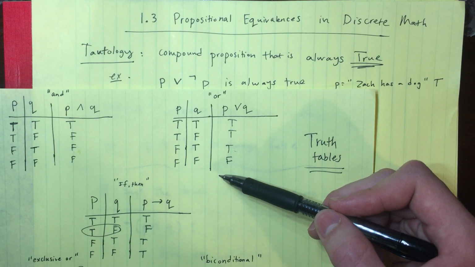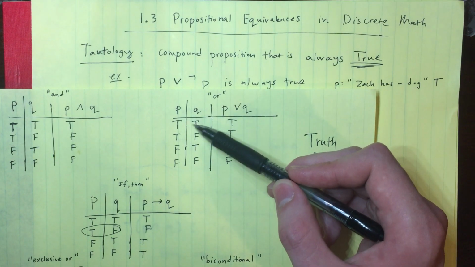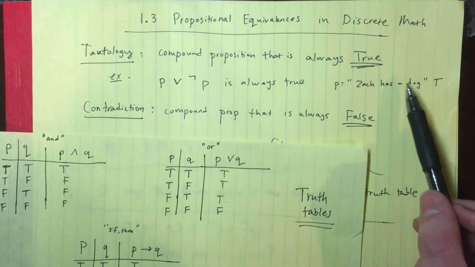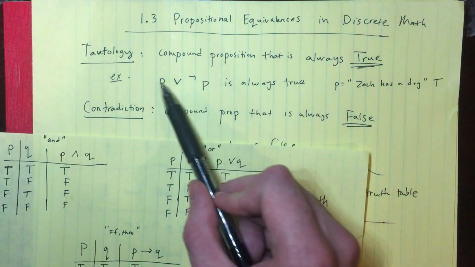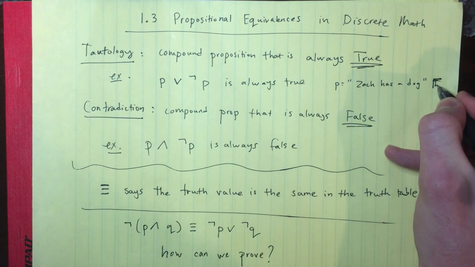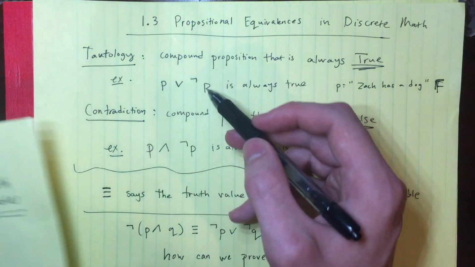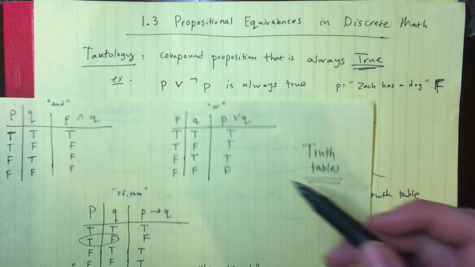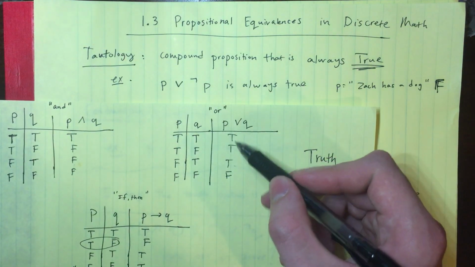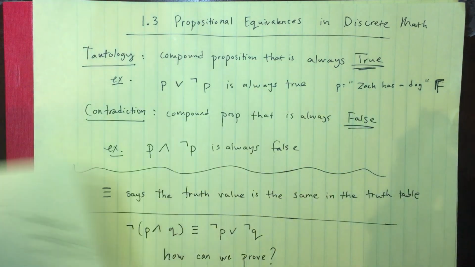Basically it shows that whenever there's a true, since Zach has a dog is true, there's always going to be a true. Now I'll say this is false instead of true. Still, it's going to be false and then true because it negates it. So there's always going to be at least one true in there, and it's always going to be true.